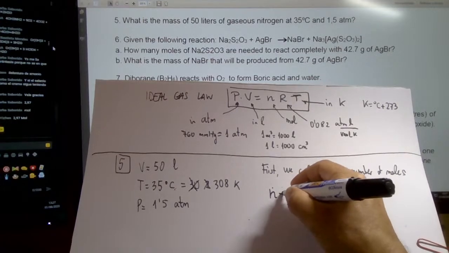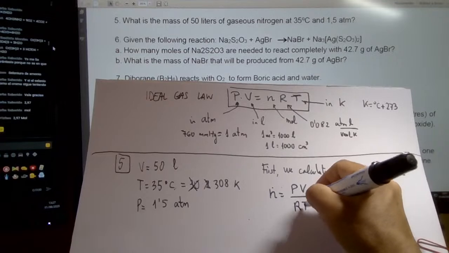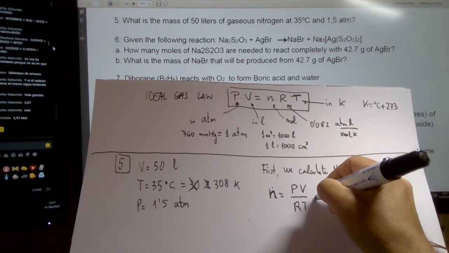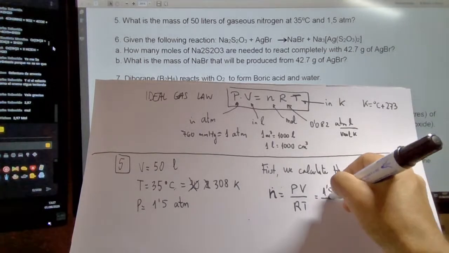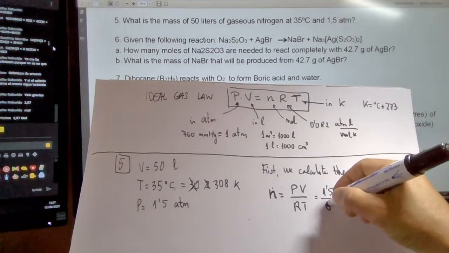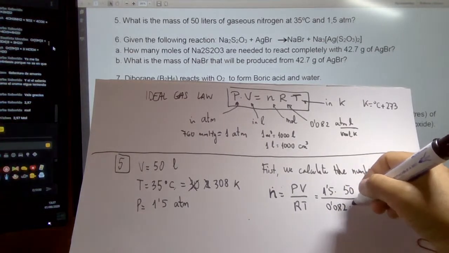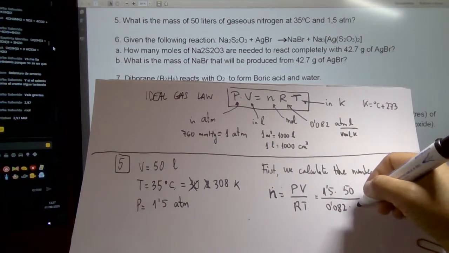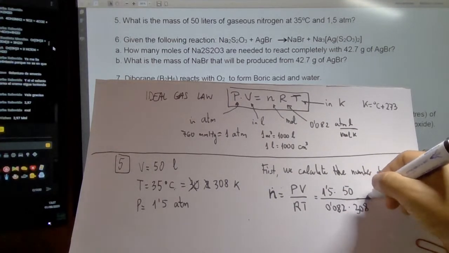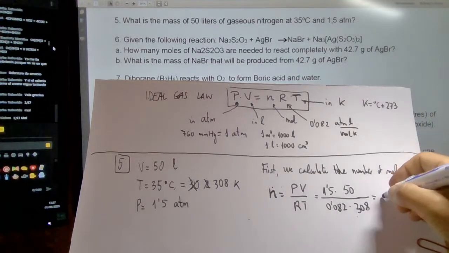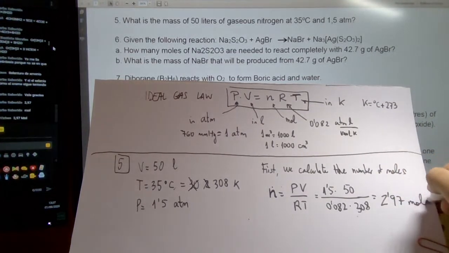We go to PV divided by RT. So let's try 1.5 times 50, divided by 0.082 times the temperature, 308. So 2.97 moles.